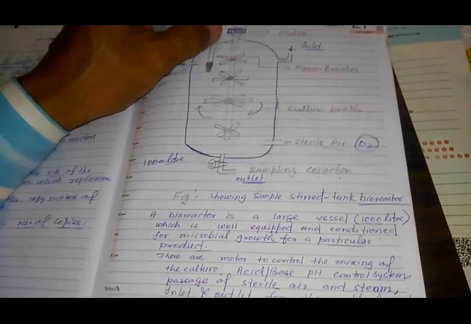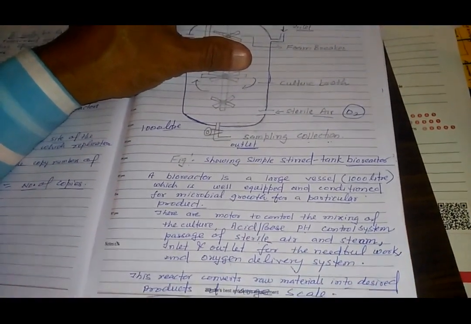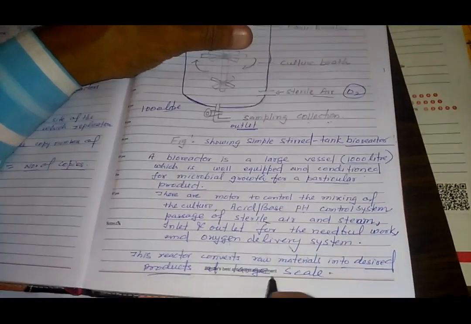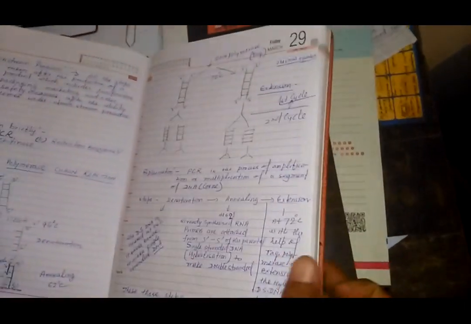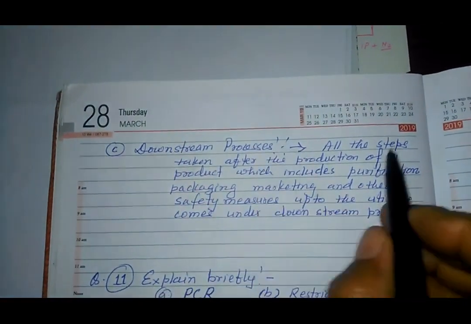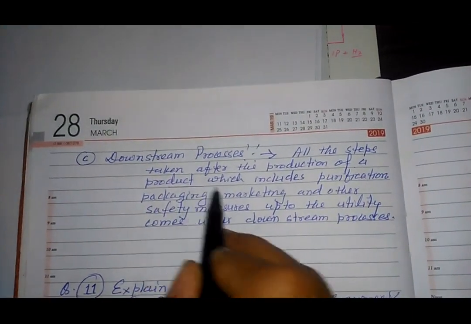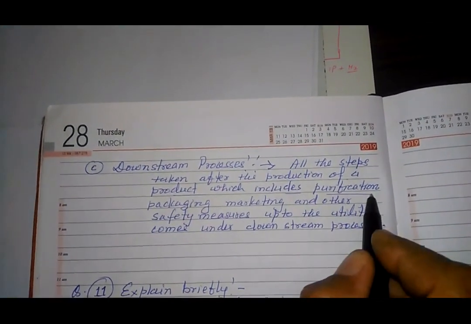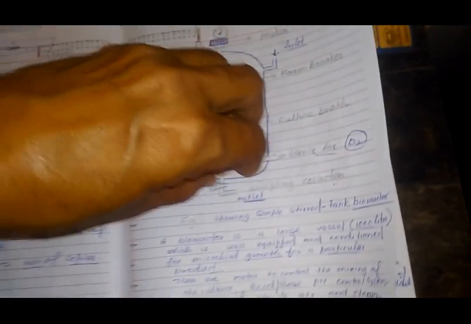What I have already explained: this reactor converts raw material into the desired product at large scale, which cannot be obtained by a shaking flask. Second is downstream processing. These are all the steps taken after the production of a product, which includes purification. In the bioreactor you have finished the product; the product is synthesized.